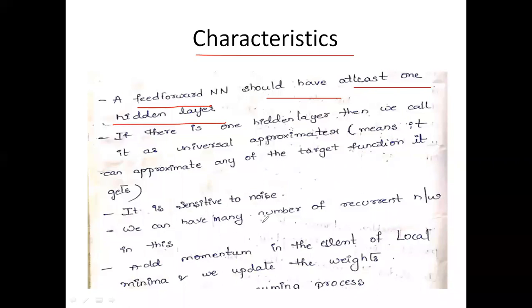If your hidden layer has only one node, then it is called a universal approximator.